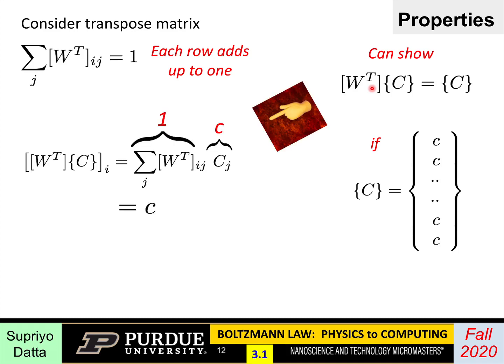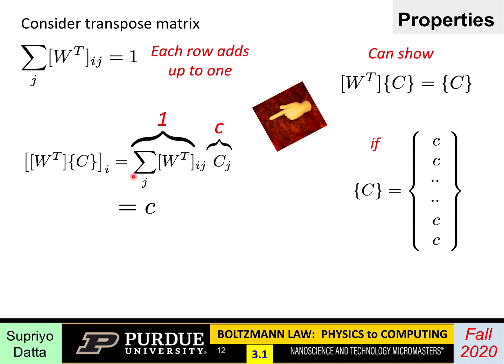How do I show that? Well, consider the ith element of W transpose times C. In matrix notation, that amounts to the summation over j of W transpose ij times Cj. This is just the rule for matrix multiplication, and what it gives you is the ith element of the product. But W transpose has this property of stochastic matrices, that W transpose ij summed over j is equal to 1.